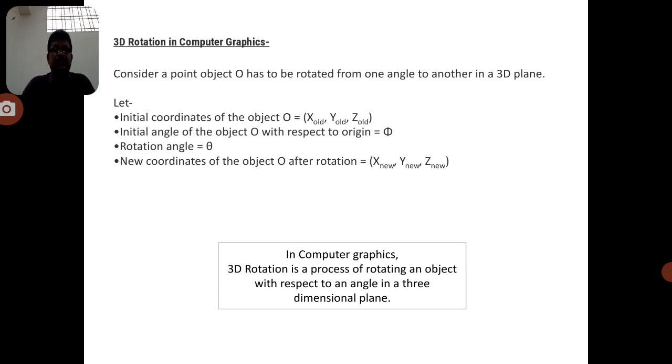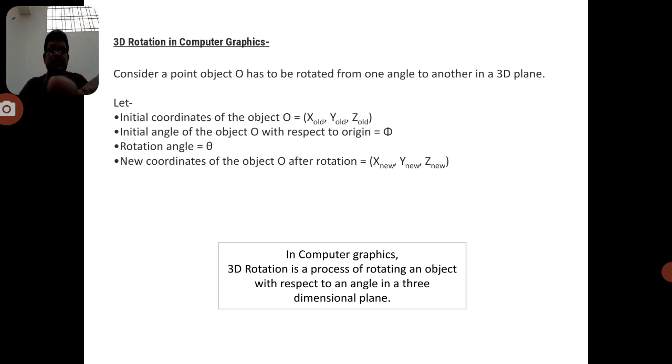The new coordinates are similar to what we discussed in the previous session, that is x new, y new and z new. So the three values x, y and z are taken, and now we will find the new values x new, y new and z new with respect to the rotation angle theta.